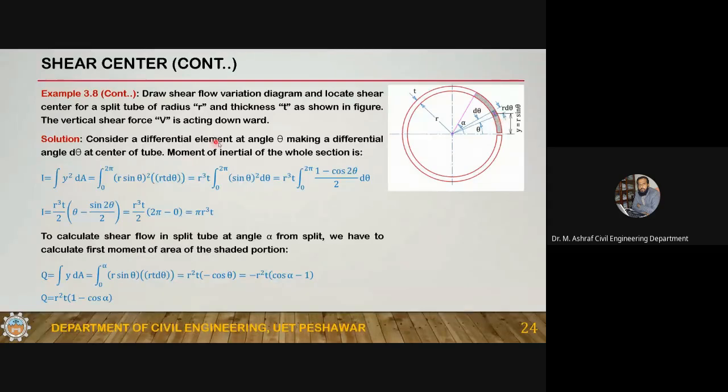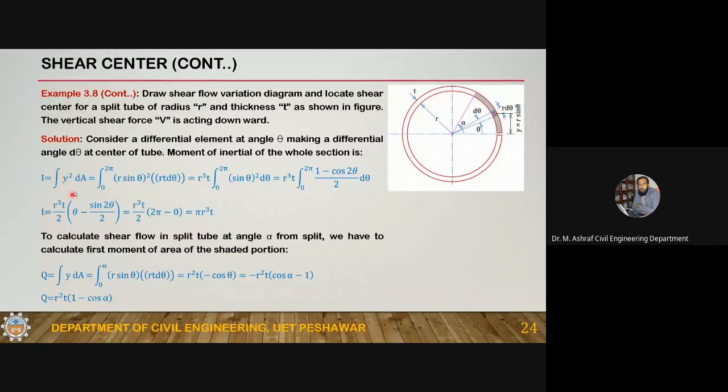So consider a differential element at an angle of theta, making a differential angle d theta at the center of the tube. The length of this differential element will be r d theta. And what will be its area? r t d theta, because the thickness of the tube is t.